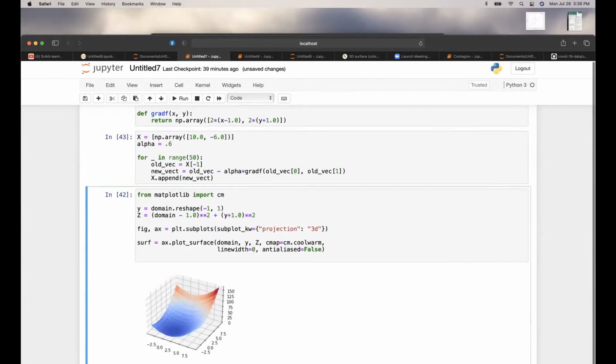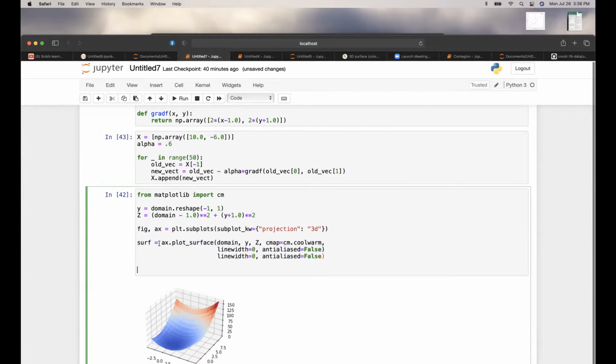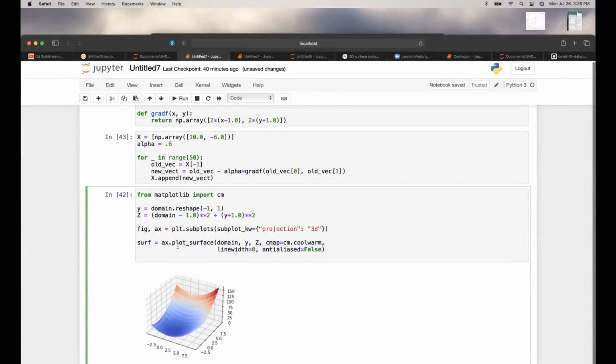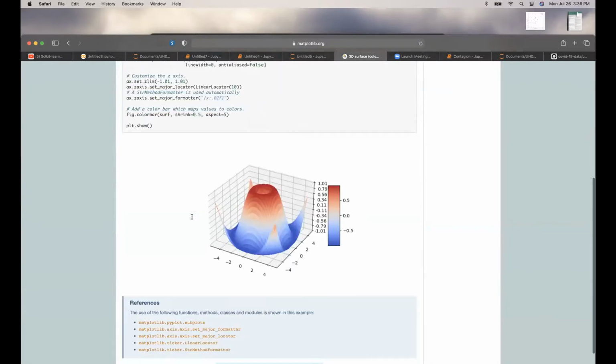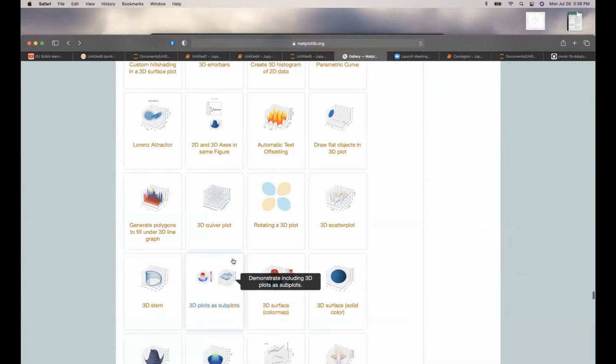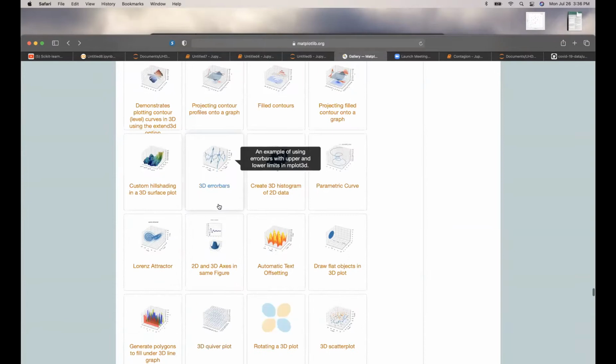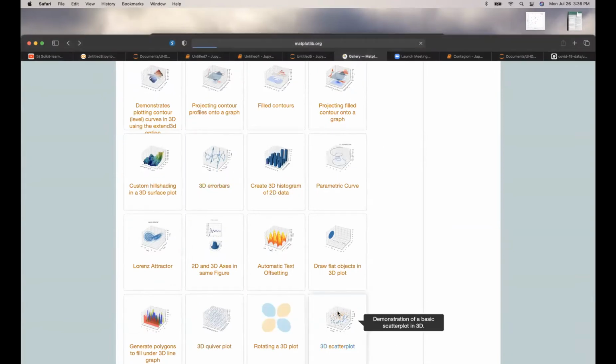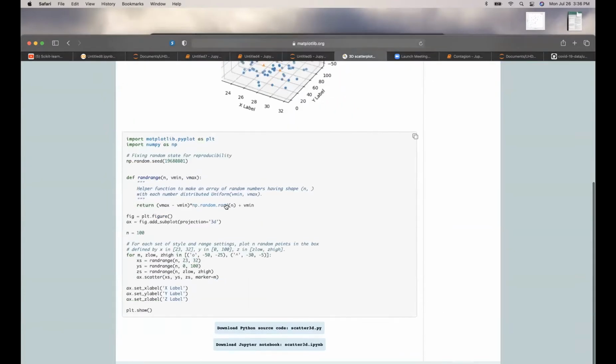And then once that's in there, now I just want to scatter the points. So 3D scatter plot.